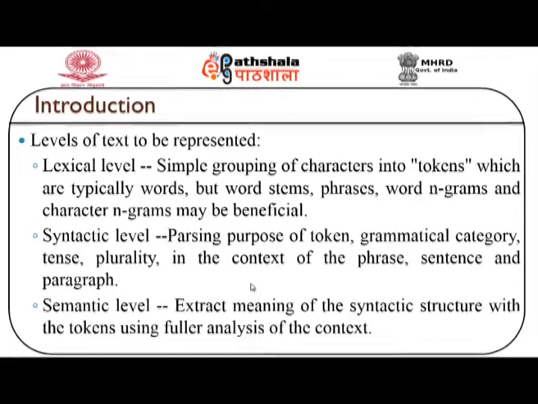Basically, the word stems or the root words. So, for example, if you take jumping as a word, then jump is the root word, and ing is a word stem that is associated with the root word jump.